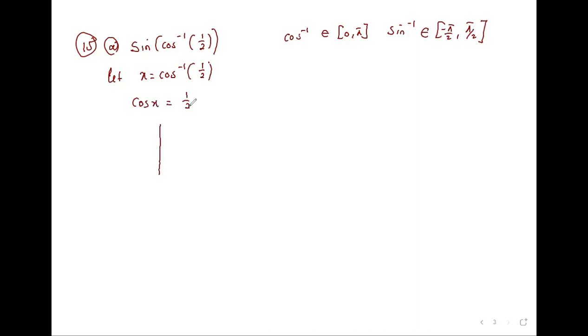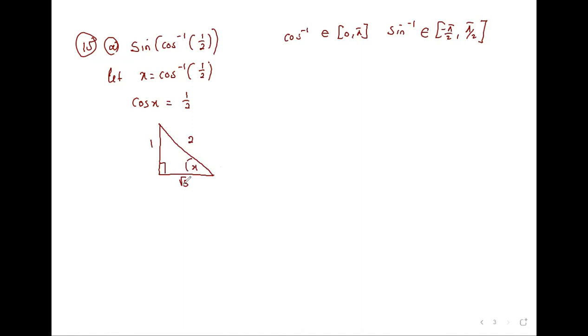From there, if you want, you can form the triangle, but then let's try this. I want to see what will come out. Cos x is 1 over 2, meaning that the other side you're going to have root 3.